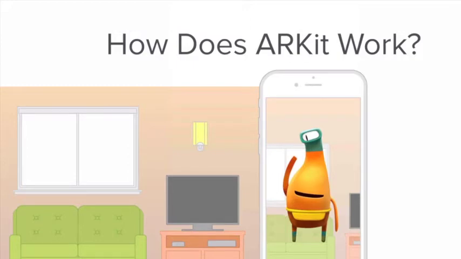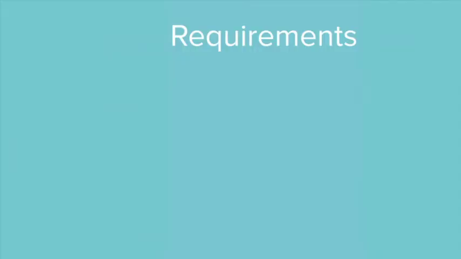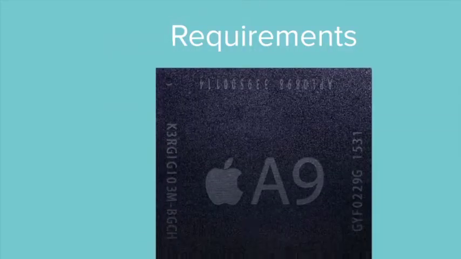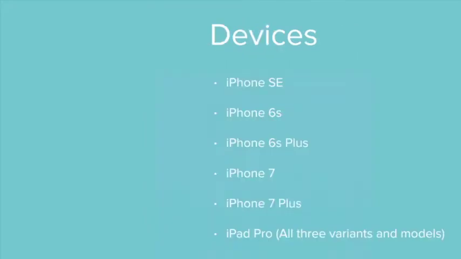And this brings us to a really important point for our project. For our app to work with world tracking, you need to have certain hardware, and more specifically, the hardware is the A9 chip or above that Apple produces, so A9 or A10 chips.